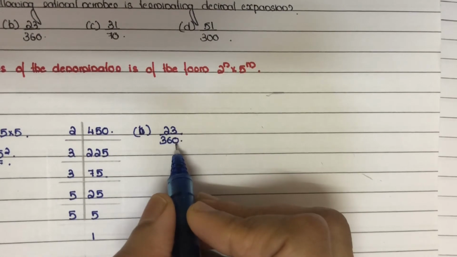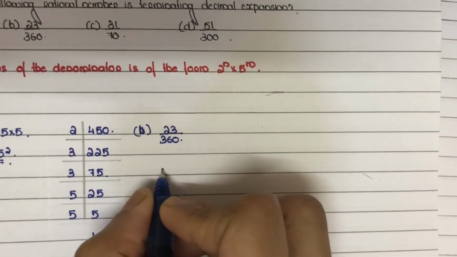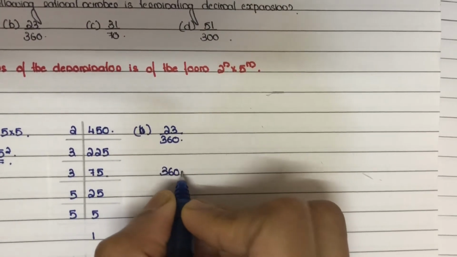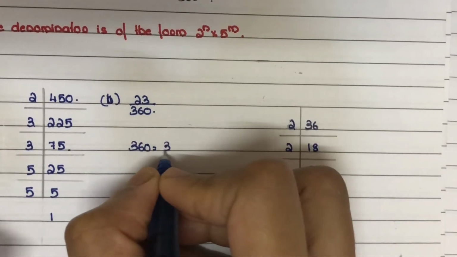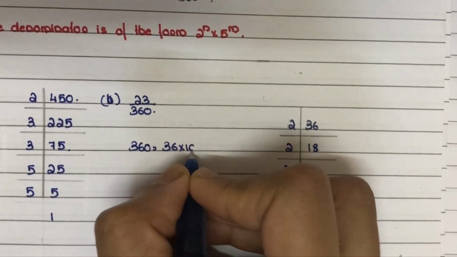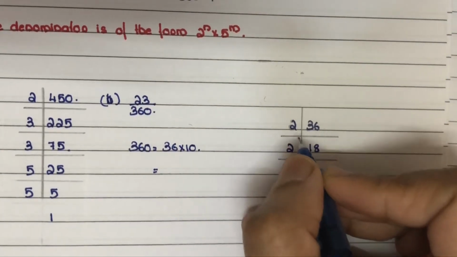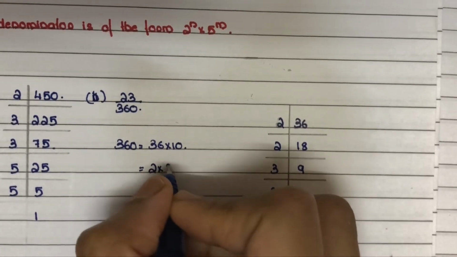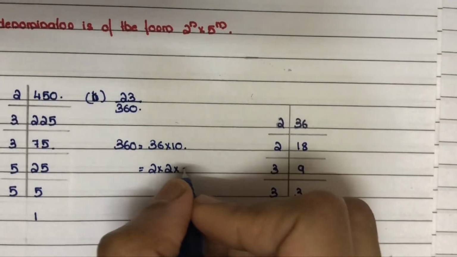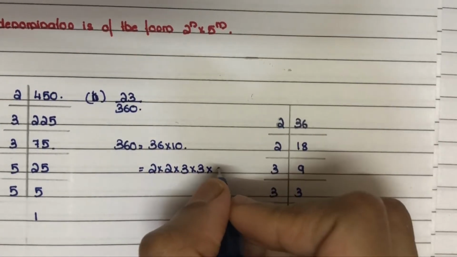Now consider the second option, 23 by 360. 23 by 360 is in the lowest form. So next do the prime factorization of the denominator, that is 360. 360 is 36 into 10, isn't it? That we can write: 36's prime factors are 2 into 2 into 3 into 3, and 10 is 2 into 5.